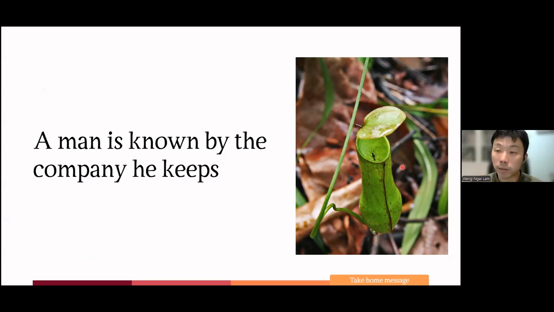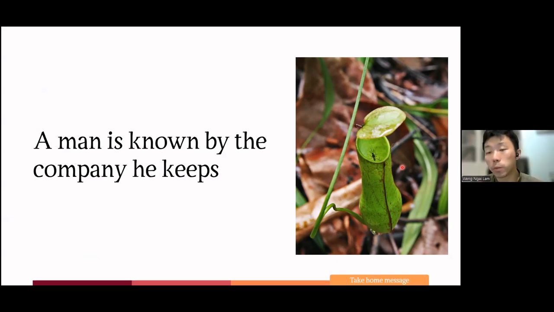You may never have seen an inquiline living in the pitchers of those plants. But the truth is that in the wild, inquilines are such an important part of the Nepenthes ecosystem that you will never find a pitcher that is not inhabited at some point by one or more inquiline species.